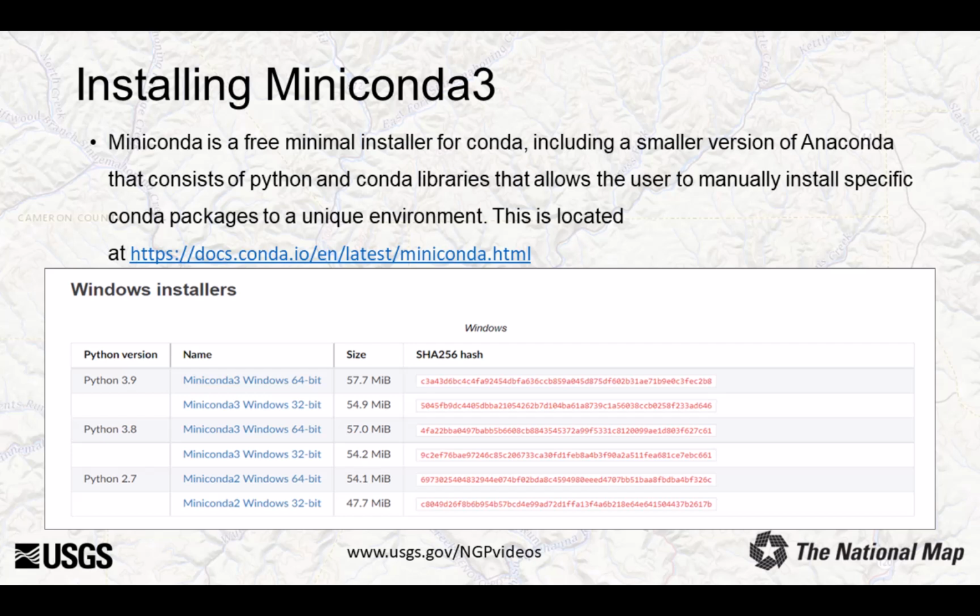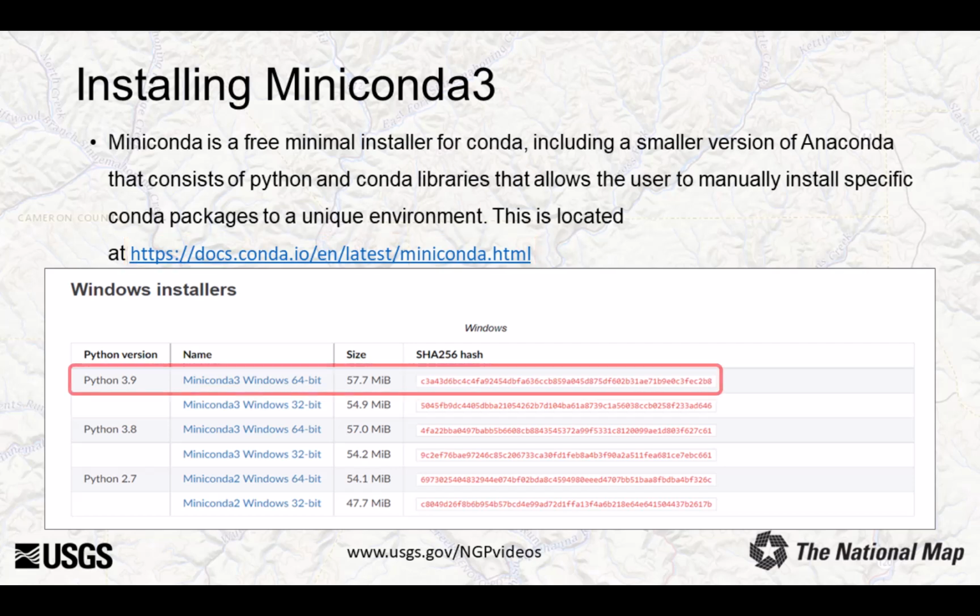The Miniconda installation file is located at docs.conda.io/en/latest/miniconda.html. Select the Python version 3.9 Miniconda 3 Windows 64-bit package under the Windows Installers heading.